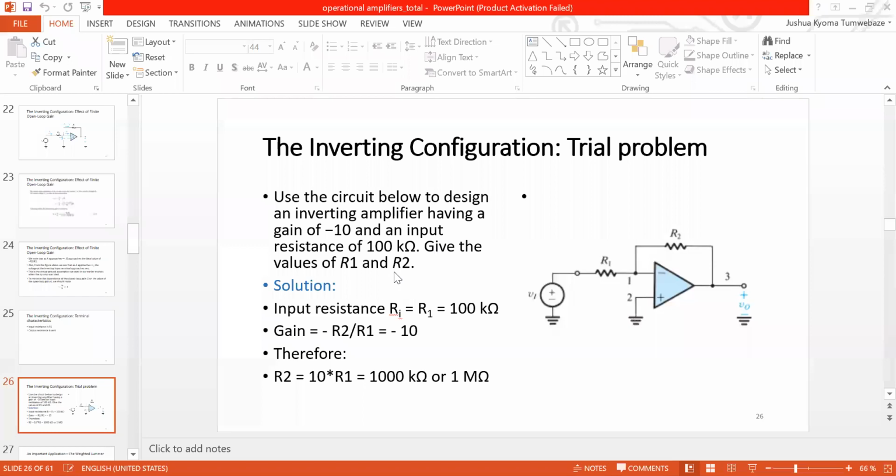My question is like this, madam. What will happen to the output when we have a resistance on the output side? Okay.